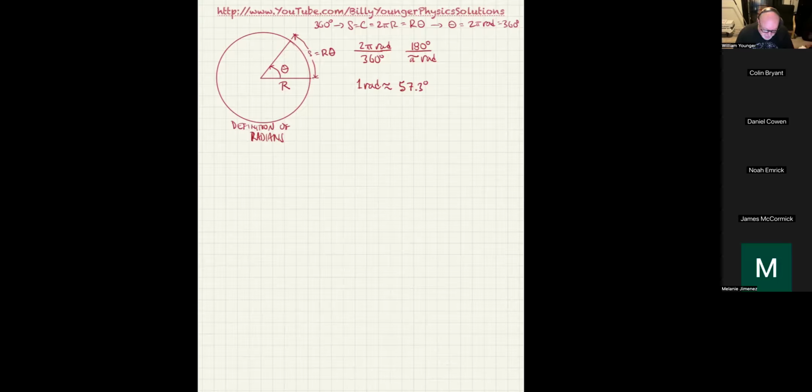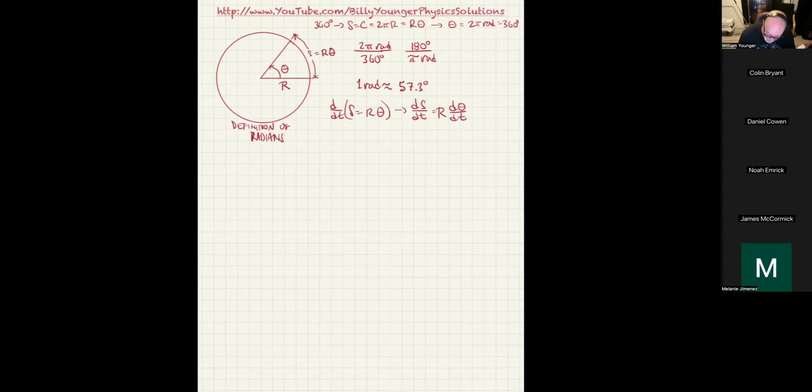But that little relationship between the arc length and the angle subtended and the radius is the beginnings of rotational motion. Once you have that, for instance, you can take d by dt of S is equal to R times theta, and that's going to become ds over dt. If we assume R is a constant, that'll just stay there, and we'll get d theta over dt.